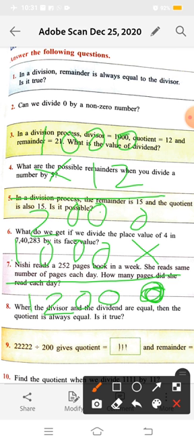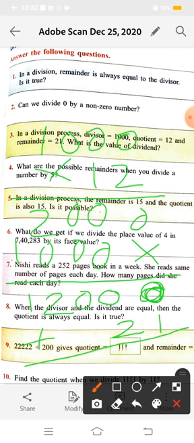Now what we have to do, we will add the remainder. 21 is our remainder, so 21 plus the product of the divisor and quotient.